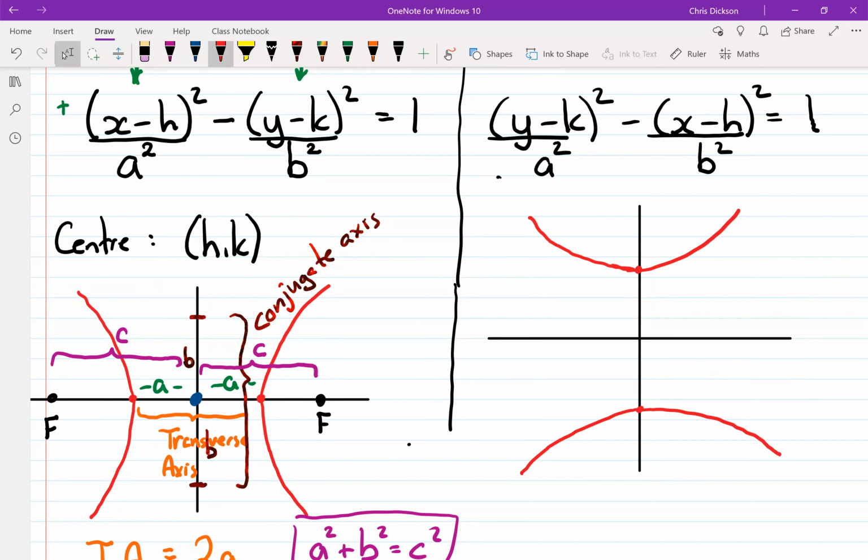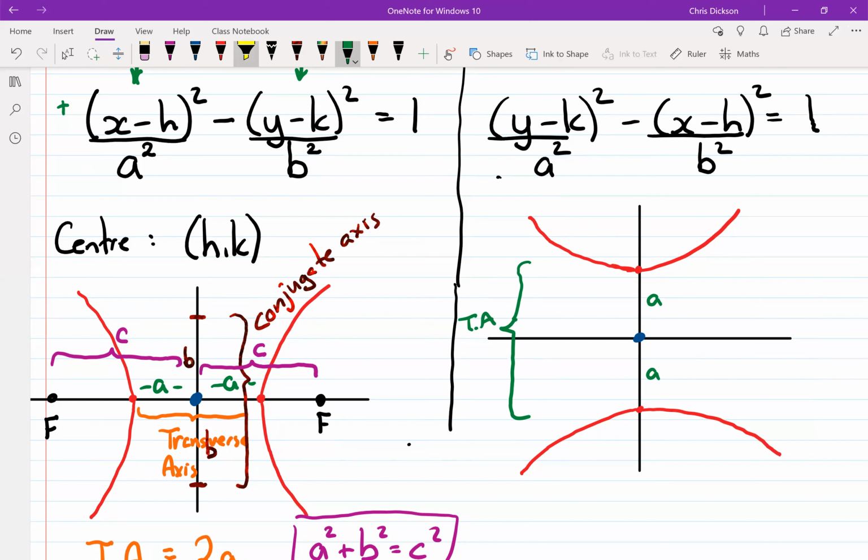And then of course our center would be here. And our distance A, the distance from the vertices to the center, would be A, and that would be A. And what you'll notice now is that the transverse axis is the other way. So this is why we say that the A squared term is under the positive term. So this axis from here to here would be the transverse axis.